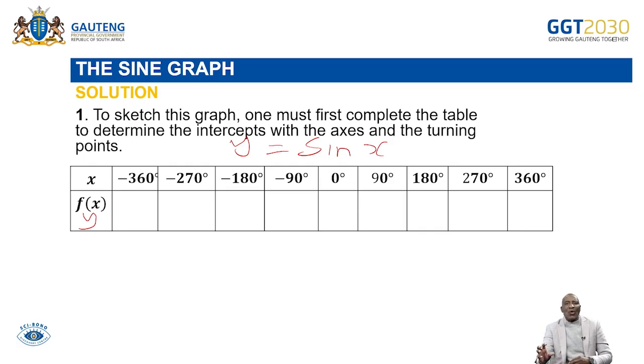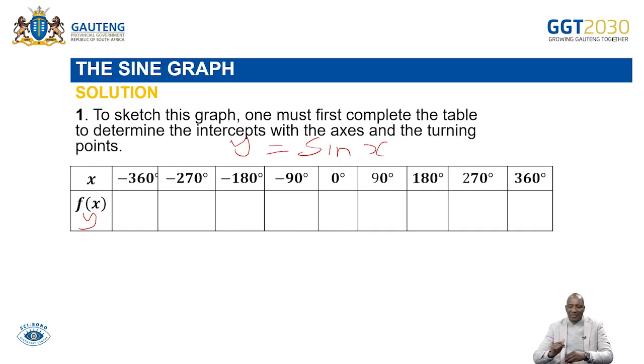So I want you to, on your own, complete this table. I want to see how you are going to complete it. I'm going to give you a few minutes, at most maybe 1.5 minutes, to go through this table and complete it from negative 360 up until you get to 360 degrees. Let's do likewise.